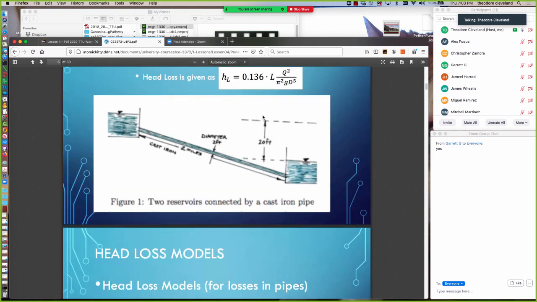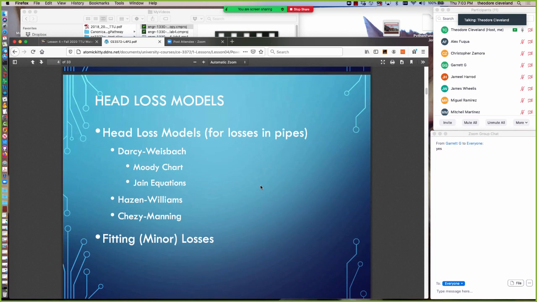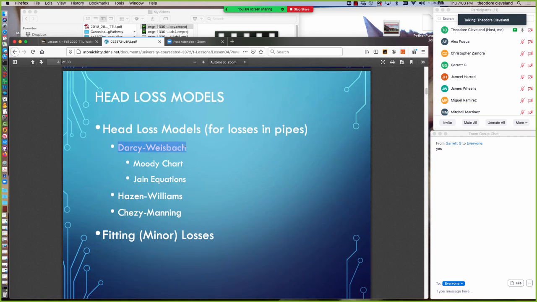That particular head loss model right there structurally is the same as the Darcy-Weisbach model. But there's also Hazen-Williams and Chesney-Manning. So Darcy-Weisbach, Hazen-Williams, Chesney-Manning are the 3 commonly used head loss models in pipeline systems. The first 2 are by far more used than Chesney-Manning, but the Chesney-Manning can be used.